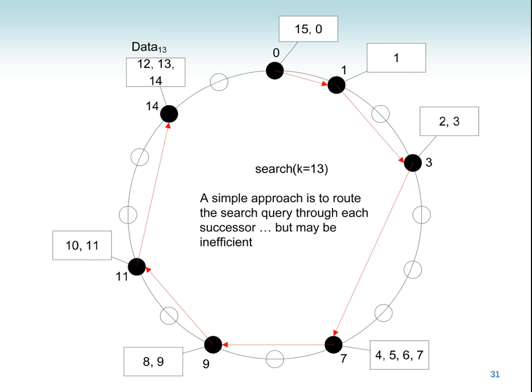We're searching for 13. There's only one entry, send to 3. 3 will send to its next node, 7, 9, 11. It'll come to 14, and node 14 has the resource with key 13. So we've found the data.